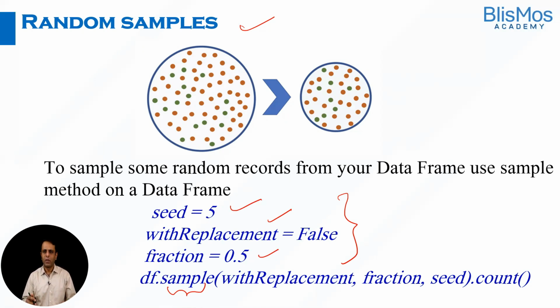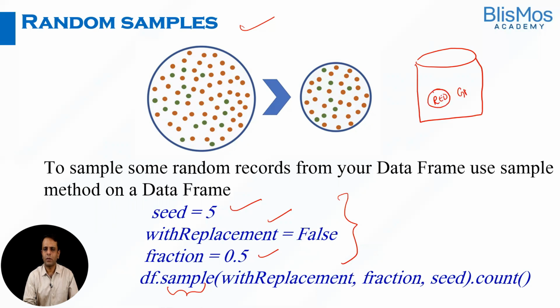What does it mean? Let us say you have a basket of balls, where one is a red ball, another is a green ball, and so on. You have some hundreds of balls of different colors. Let us say you want to sample 10 balls out of these 100 balls.